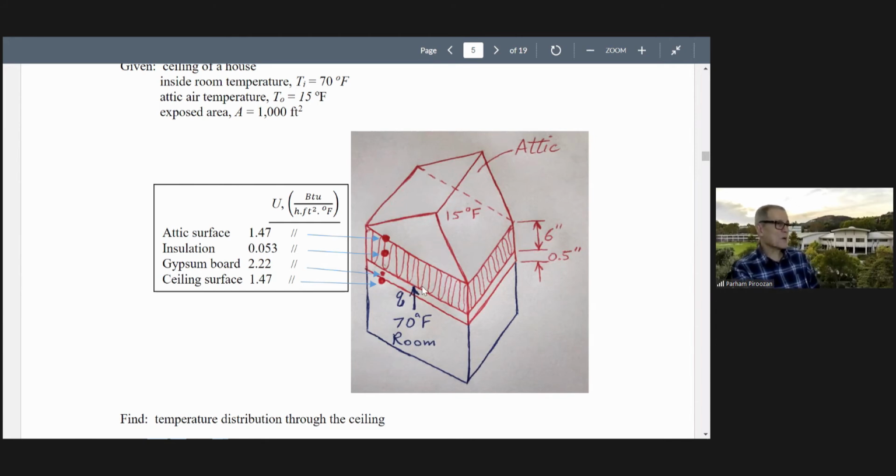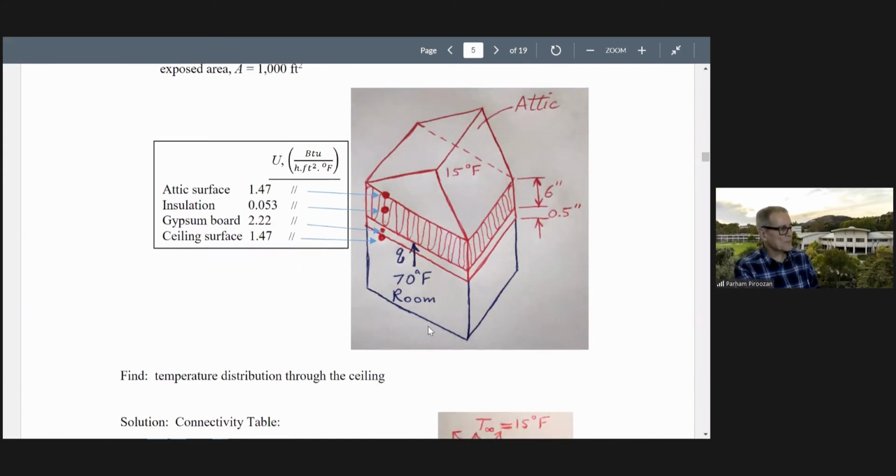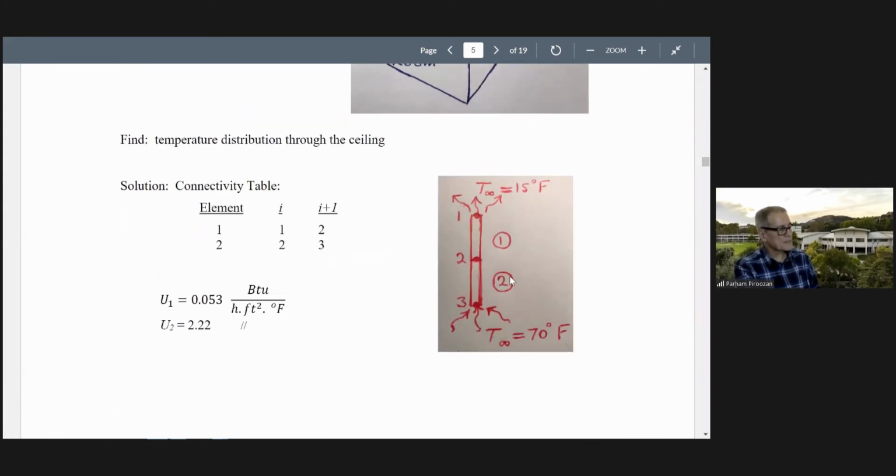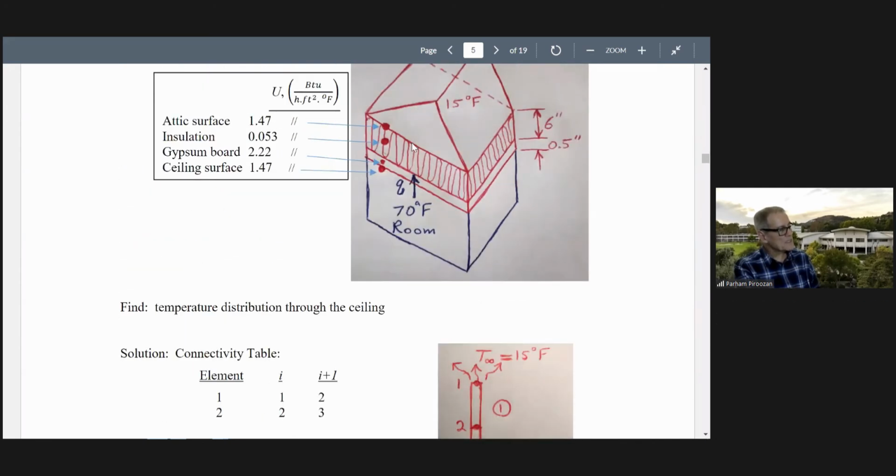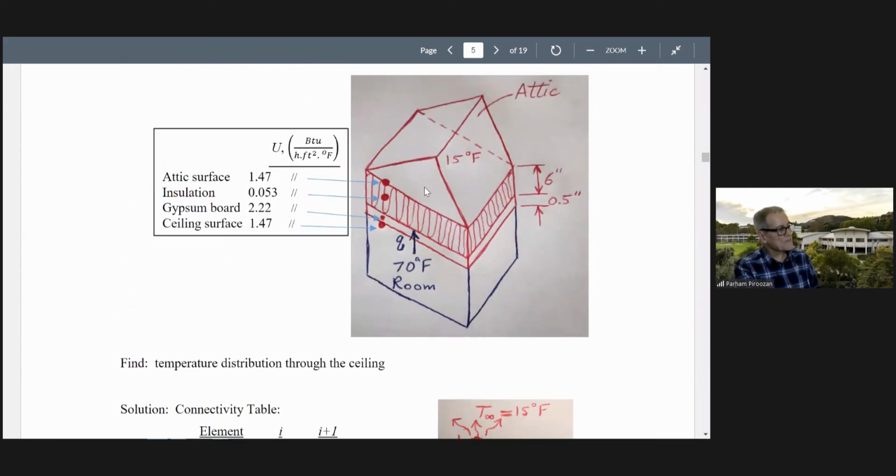Previously we solved this problem using 4 elements. Now we solve the same problem, but using just 2 elements. Why? Because convection is taking place to the attic, and convection is taking place from the room to this ceiling.